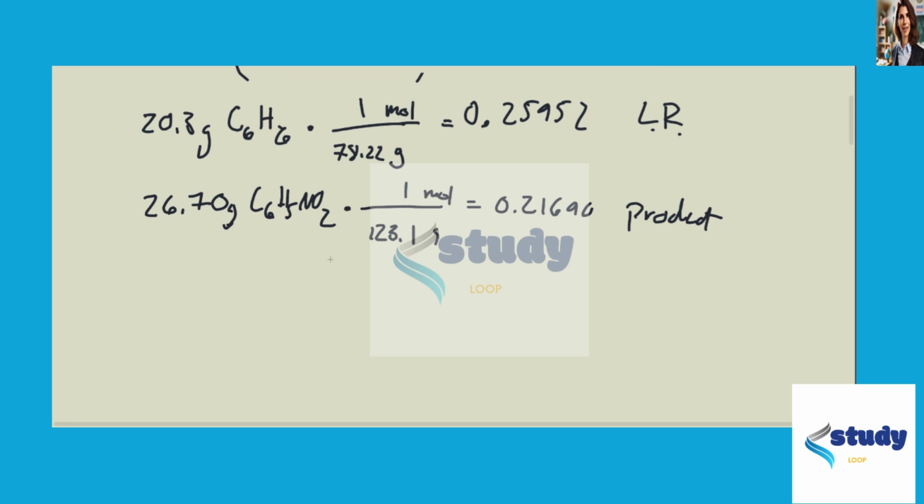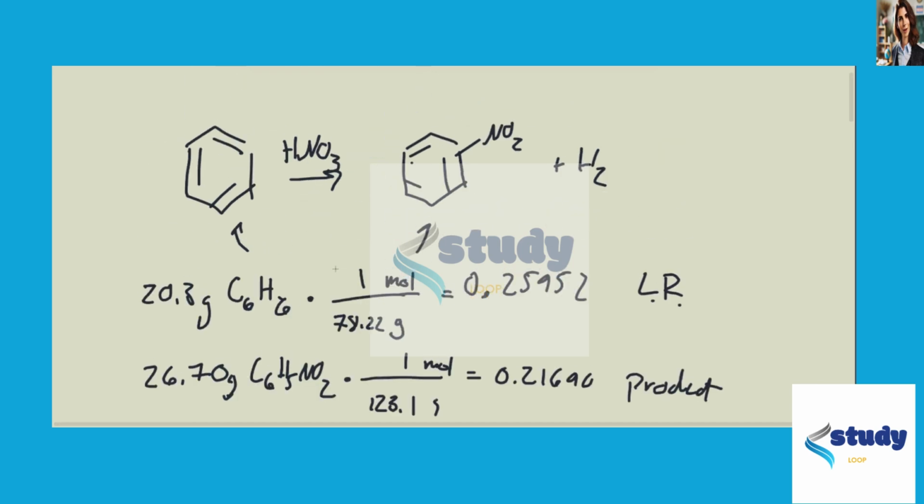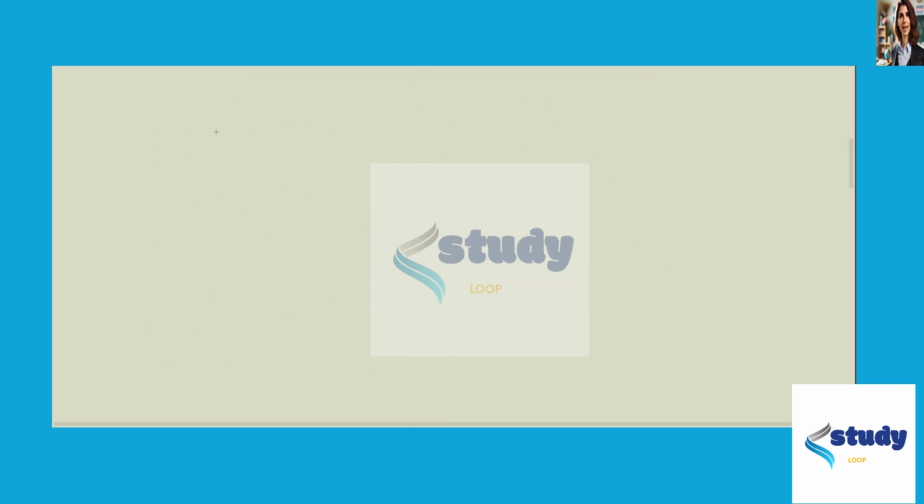And I will mention something else. In this case, right, our stoichiometric coefficients in each case is 1, right? It's 1 mole of benzene for 1 mole of nitrobenzene. You do have to be careful when, for example, if we were doing a reaction that involves 2 moles of something coming together.